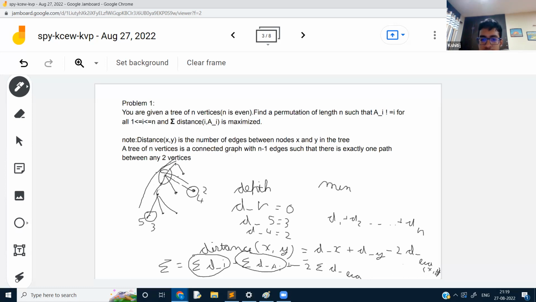Minimize summation depth of the LCA. Did everyone understand this? We only need to consider this term, depth of the LCA.